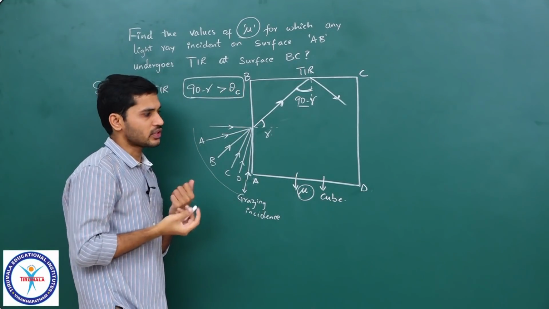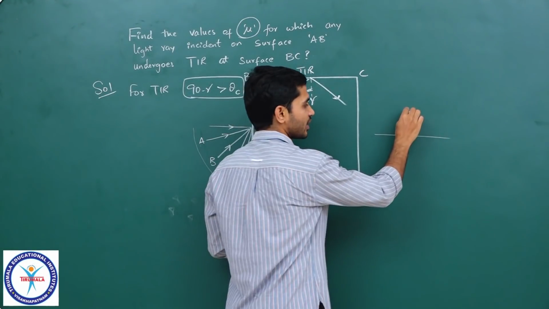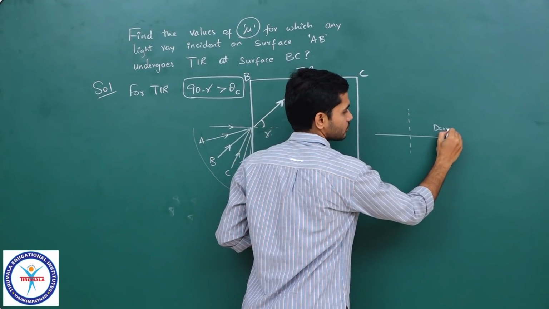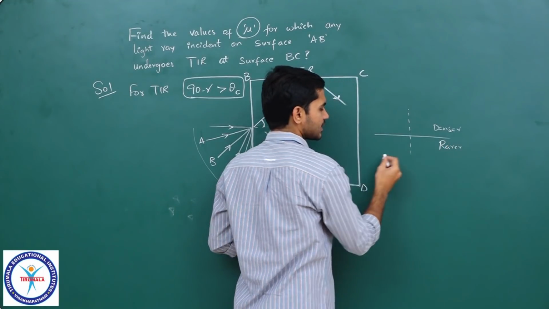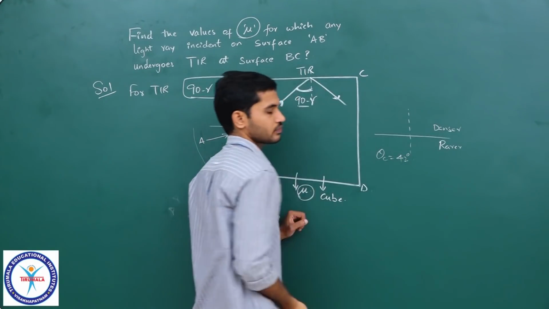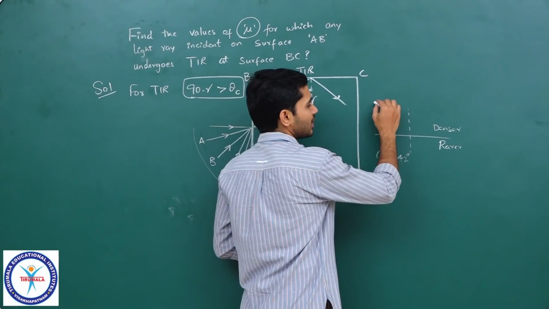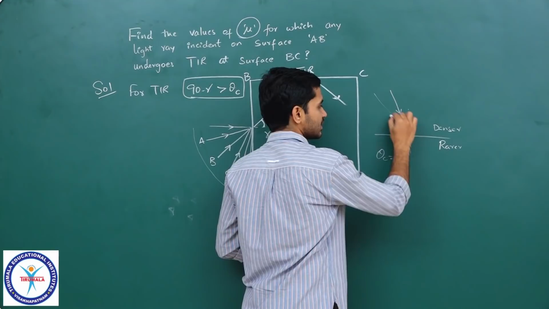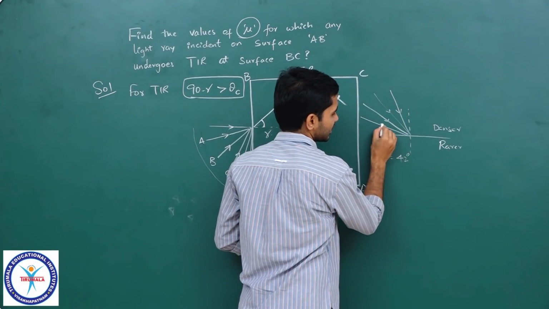Think once again. See, for example, let us say we have an interface, clear? So we have an interface like this, and let us say this is denser and this is rarer, and let us consider that the critical angle for this surface is 42 degrees, some 42 degrees. Now if multiple light rays are incident, let us say one light ray is incident like this, one like this, one like this, one like this.